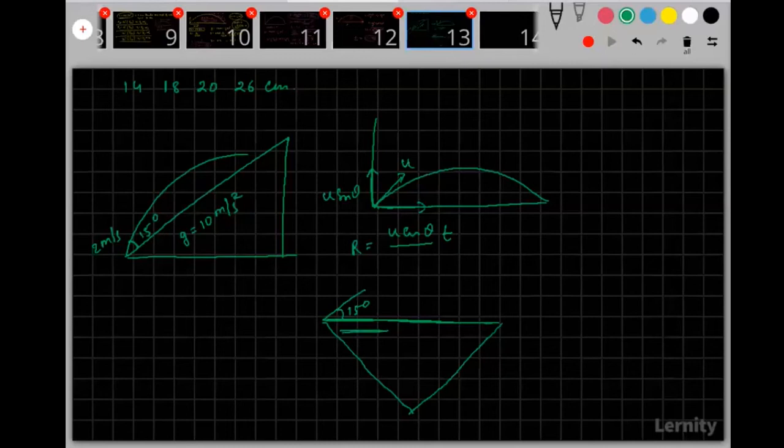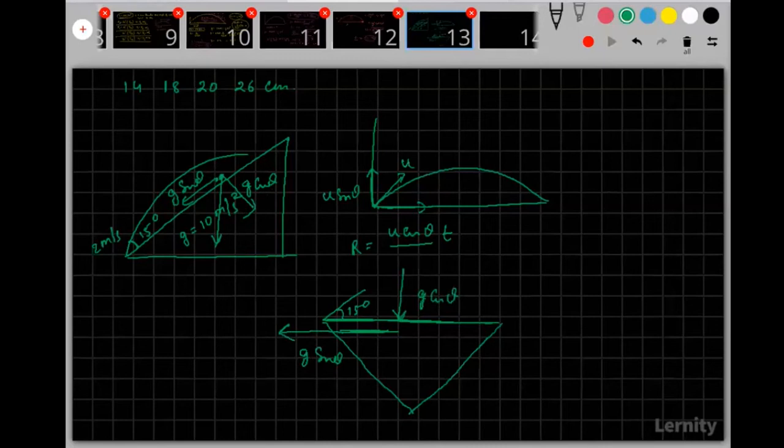If this is gravity, I can resolve gravity into two components: g sine theta along the plane and g cos theta perpendicular to it. So everything else is still the same.